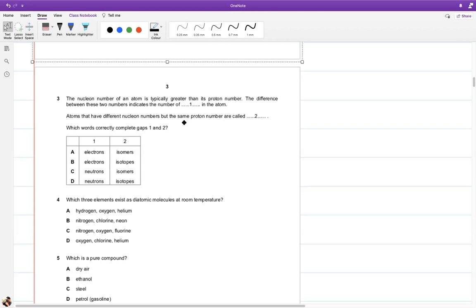Remember, that is not the definition of an isotope, because AR is relative atomic mass. The idea of relative tells me that you're already including all the isotopes. So do not say that atoms have the same proton number and different AR. It's basically atoms with the same proton number, but a different mass number or different nucleon number or different number of neutrons.